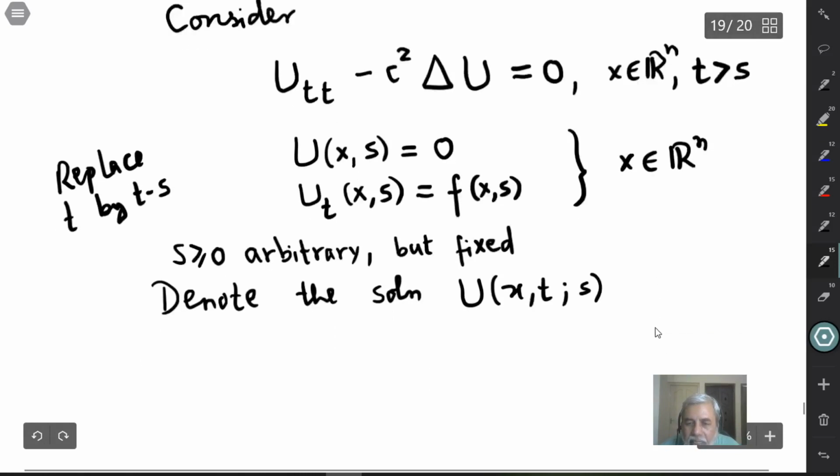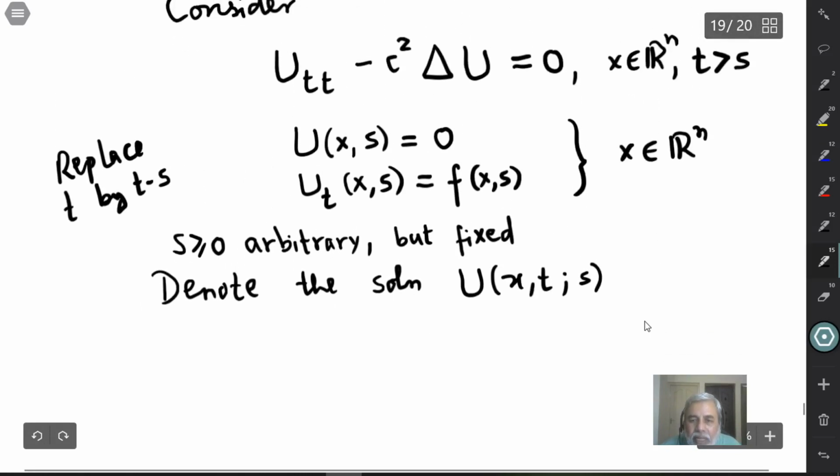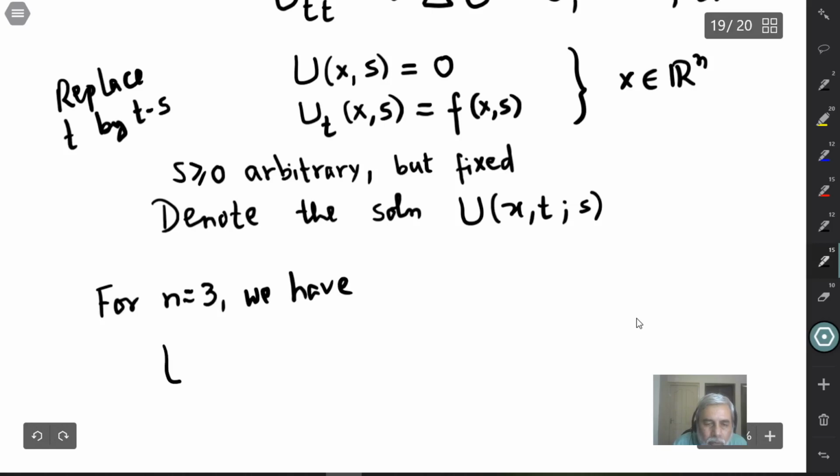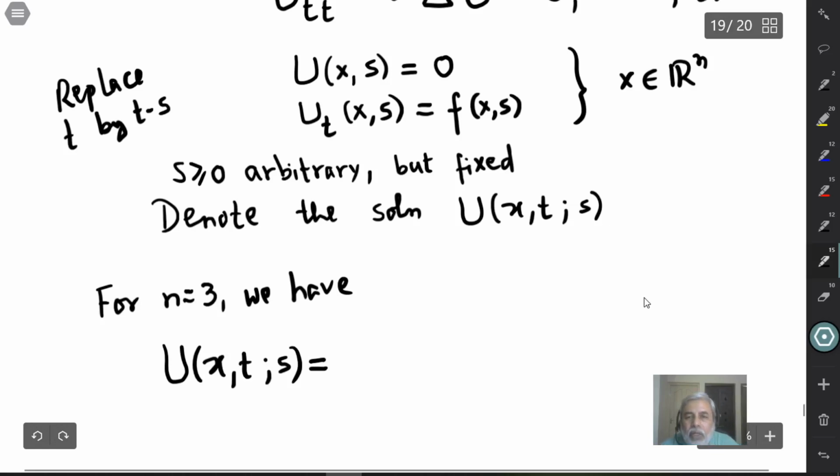So for example, for n equal to 3, we have u of x, t, s, read from the Kirchhoff formula. So here phi is 0 and psi is given by this function.